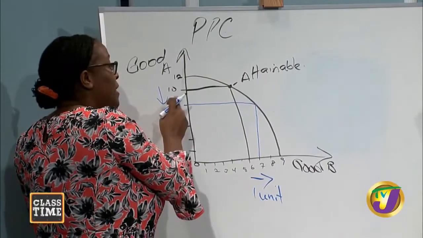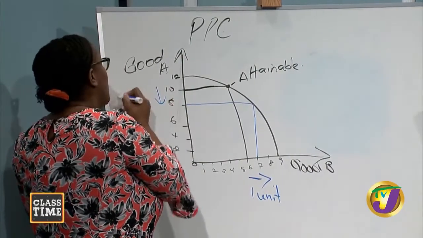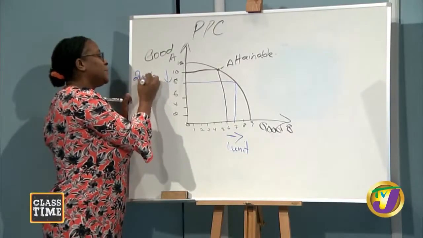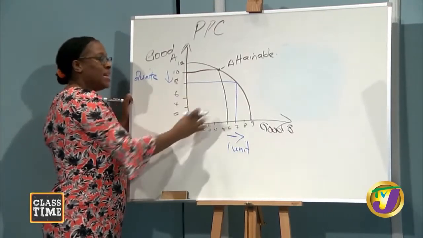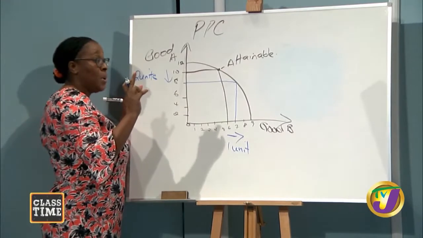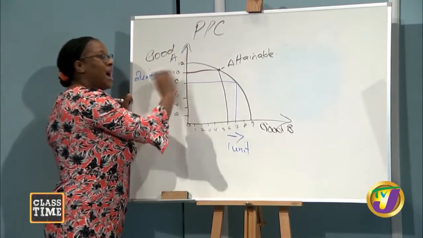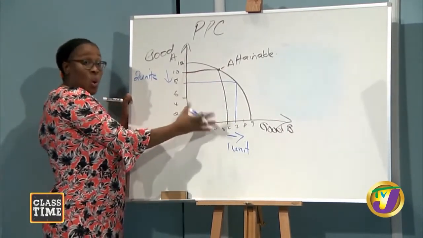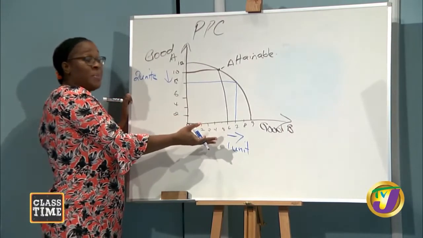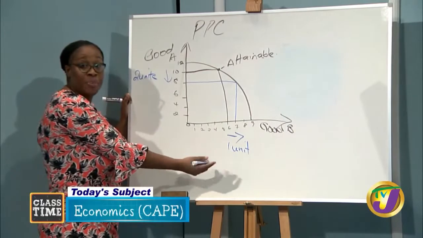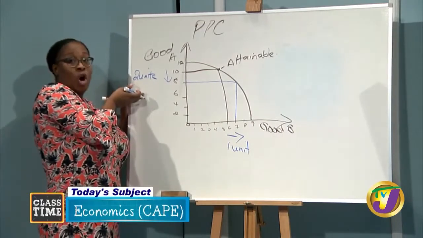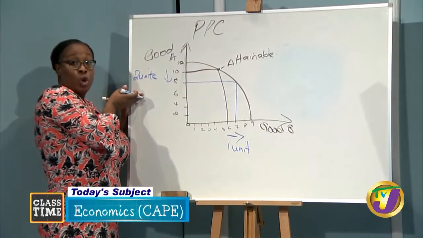And so that's a difference there of 2 units. So you see here that the combination can be had, but because the resources are limited based on what the economy has, they'll have to make a choice. So if they want more of good B, they would have to give up some of good A.